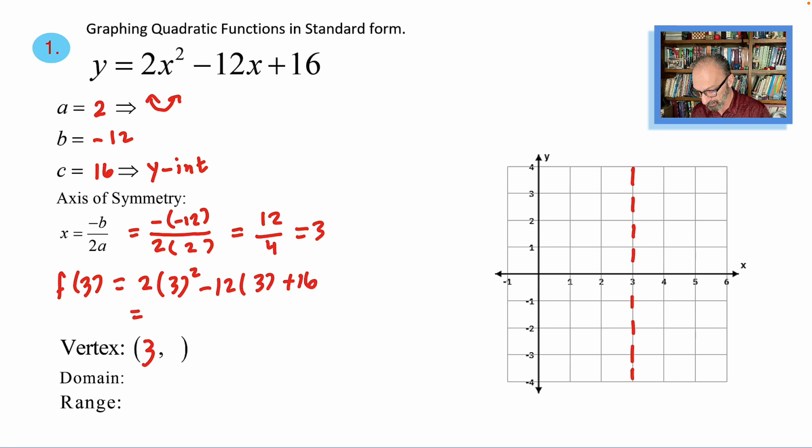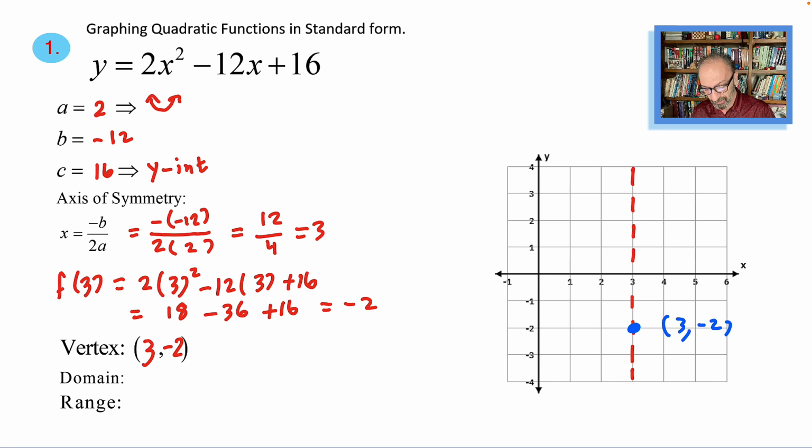That is equal to 9 times 2, which is 18, minus 36 plus 16, and that will give me negative 2. So 3 and negative 2 is my vertex.